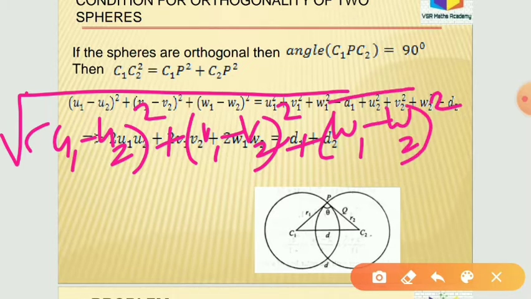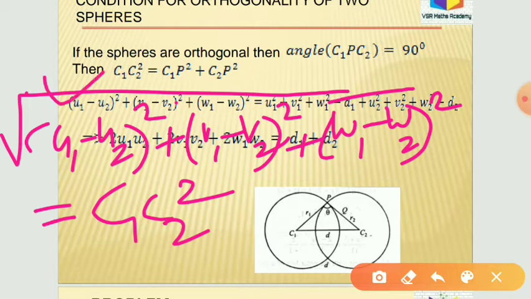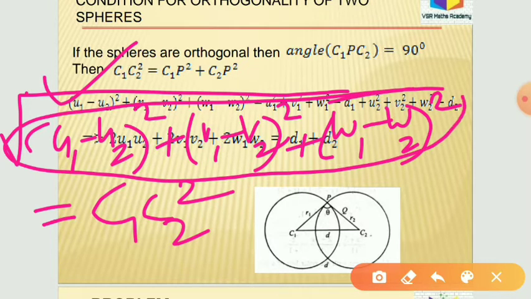If you want to write C1C2 whole square, you can ignore the root. Therefore C1C2 whole square is equal to (u1 minus u2) whole square plus (v1 minus v2) whole square plus (w1 minus w2) whole square.